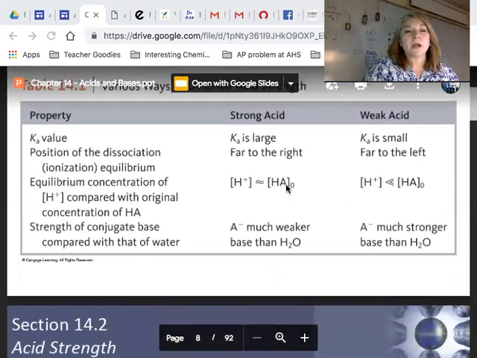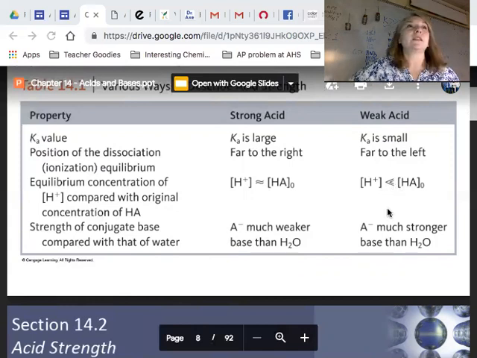Your equilibrium concentration of your hydrogen ion, when compared with the concentration of your original acid, these two things are just about equal. The little squiggly equal mark just means they're just about equal. And then over here with your weak acid, your hydrogen ion concentration, notice they've got a couple of less than signs in there.